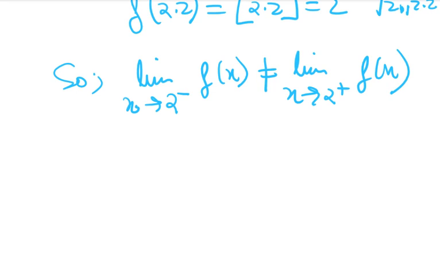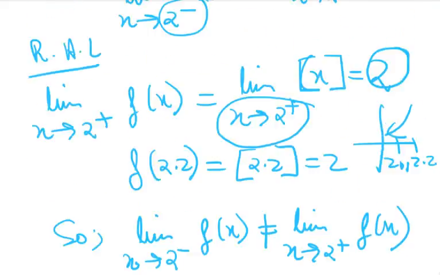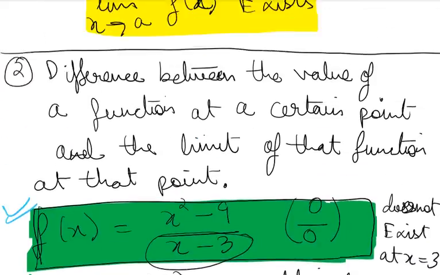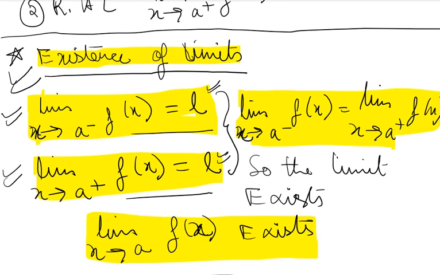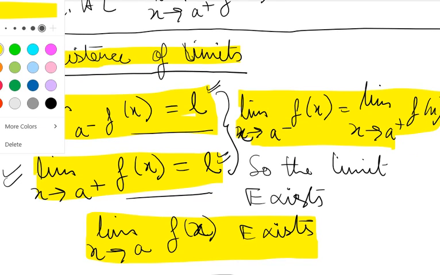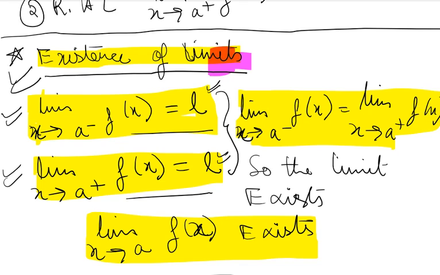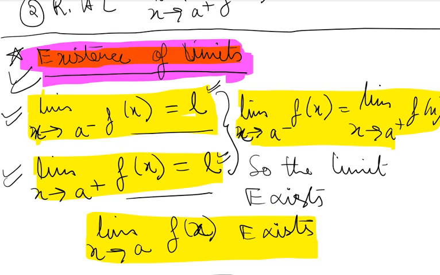Okay, so what did we learn today? We have learned about the existence of limits, how we can find the existence of limits. Just now I showed you an example. So for existence of limits, you will have to find the left hand limit and right hand limit.